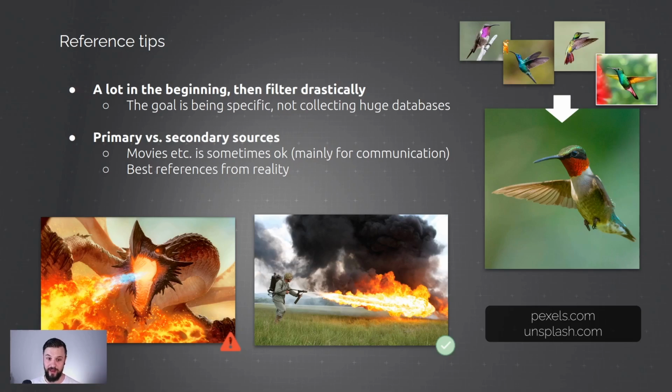For example, a flamethrower, and I would analyze that instead of looking at some fantasy version of a dragon, because you will get a more believable result and maybe even get new ideas. So always go with references from reality if that's possible first, and secondary sources should only be necessary if there's no alternative to it.